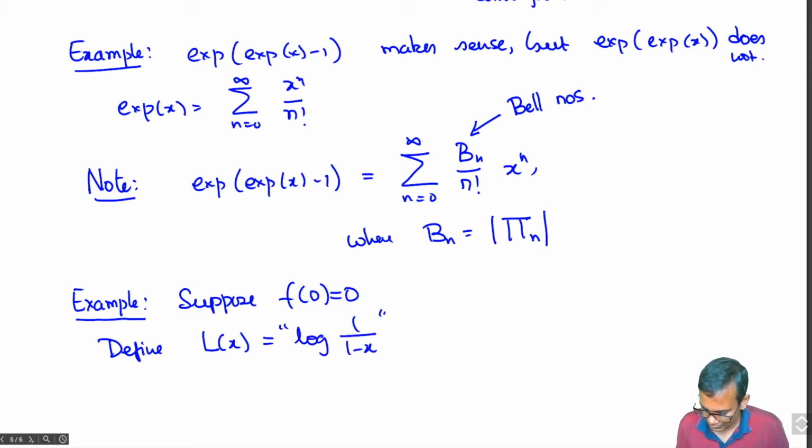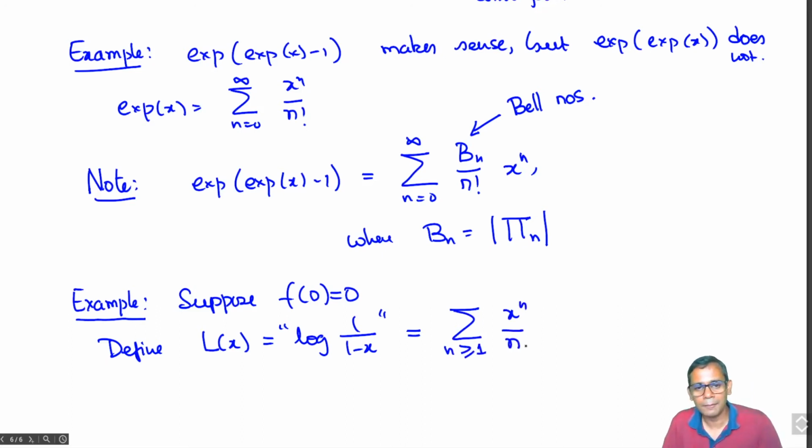It will become clear why I mean that in a bit, as the summation n greater than or equal to 1 of x^n over n. So of course, from your study of analytic functions over real numbers, you would know that L of x, the log of 1 over 1 minus x, has this power series expansion about 0. If you want n equals 1 to infinity or n greater than or equal to 1, it's the same thing.